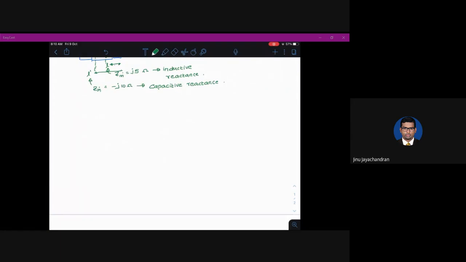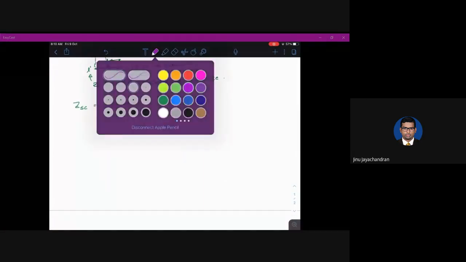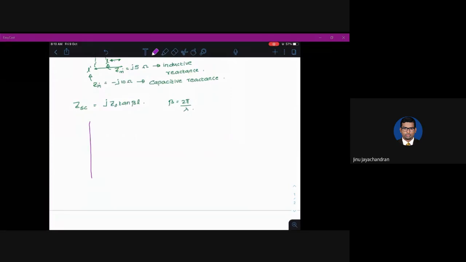So let's look at this. Your Z_SC is equal to jZ0 tan beta L, and beta is equal to 2 pi by lambda. If you plot the diagram for tan, it will be something like this.